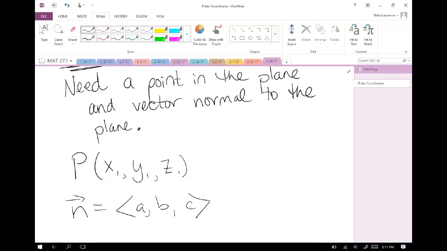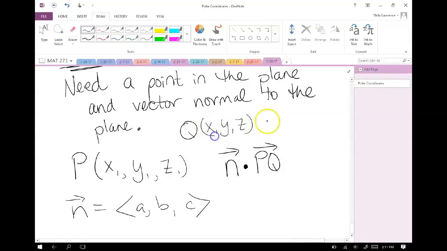The definition of a plane is all the points where the normal vector is at a 90-degree angle to some other vector that connects with P. Q is some x, y, z in the plane that we don't know. P is some x1, y1, z1 in the plane that we do know.